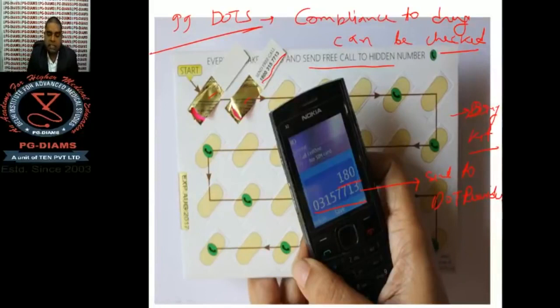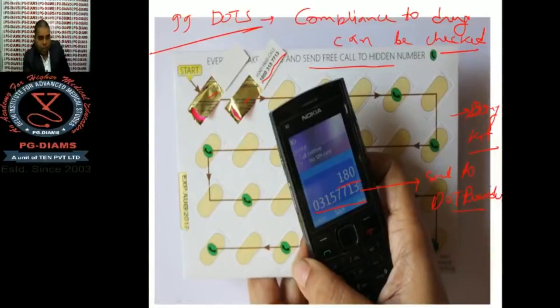If this message does not come, he will come to you and inquire about the reason why you are not taking the tablet. So this is a newer method under RNTCP used to check whether the patient is taking the drug regularly or not.